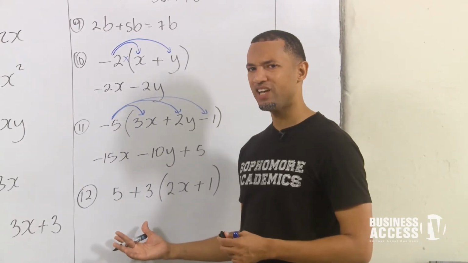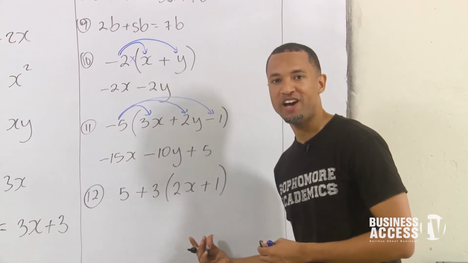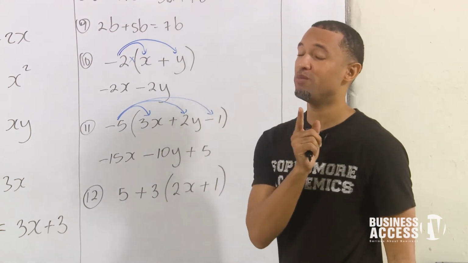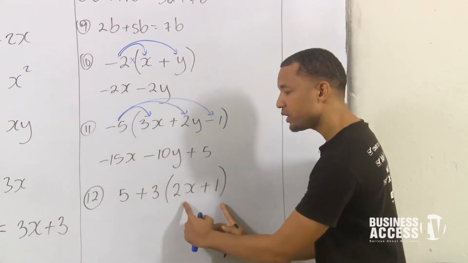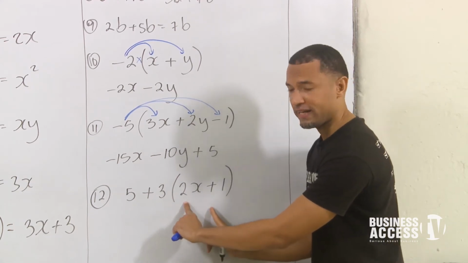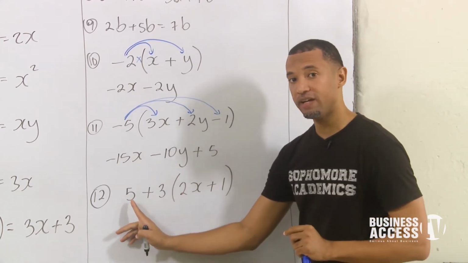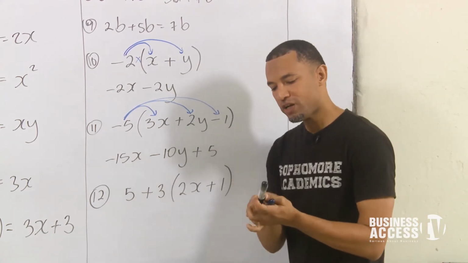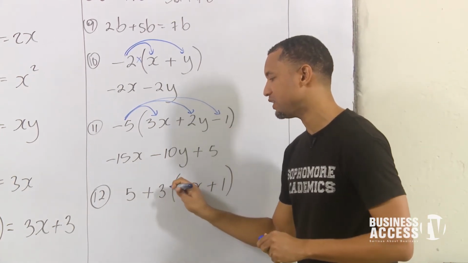How exactly would we simplify this expression? Now, ladies and gents, when you look into the brackets, because you have to remember your order of operations, can it be simplified any further? No, we have unlike terms. Read this though, this is saying 5 plus 3 times. So bear in mind that this is a multiplication taking place here.